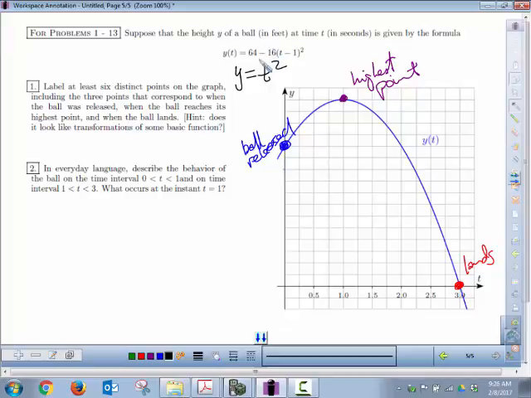The negative in front of the t squared made it go upside down. And the 64 out here made it shift up 64 units. So we have a couple more clarification points here. The point where the t value is 1, and the height value is 64.